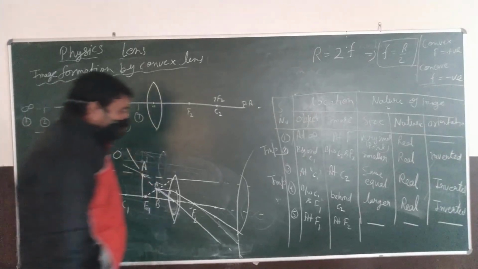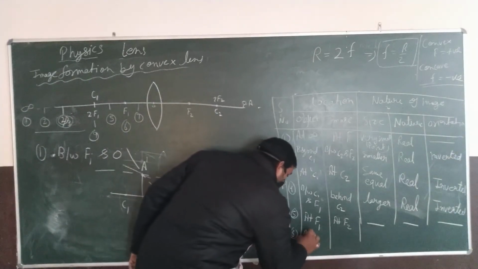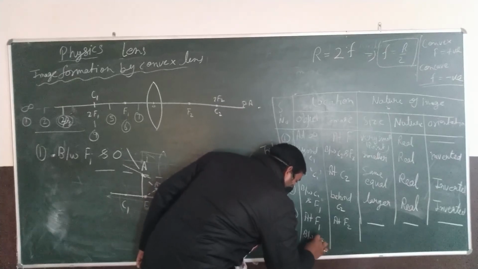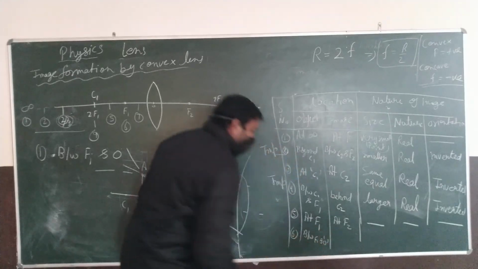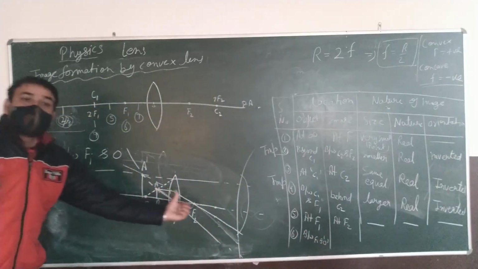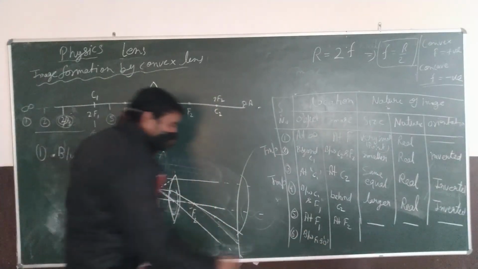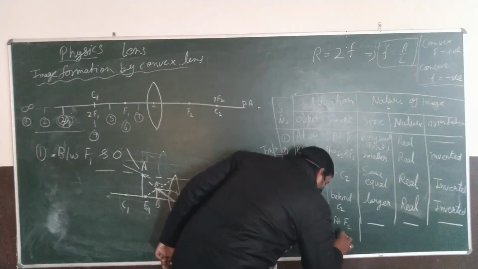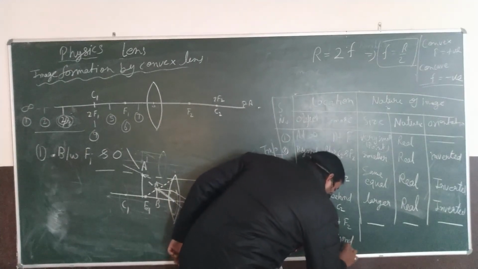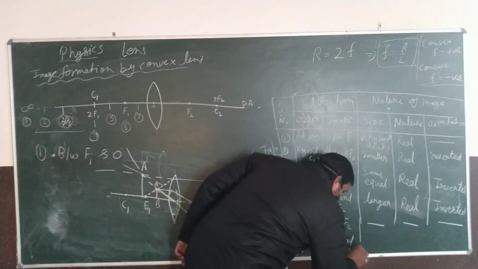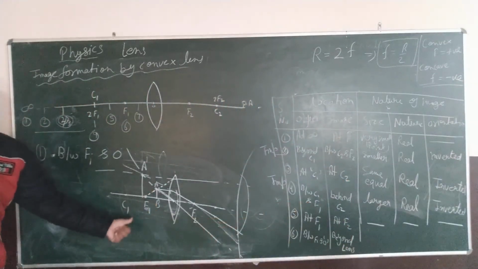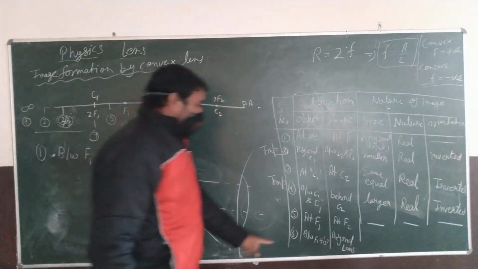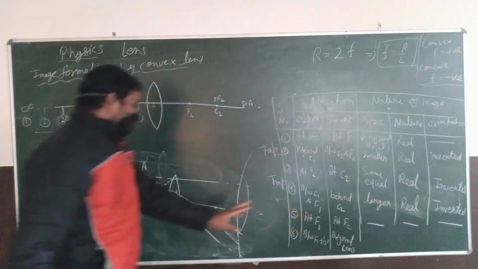For this what we can write? Between F1 and optical center, image formed beyond lens, or you can also write in the same side as the object. Next, is it smaller or larger?